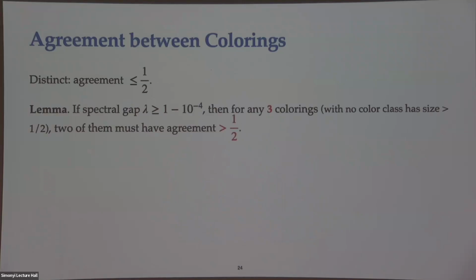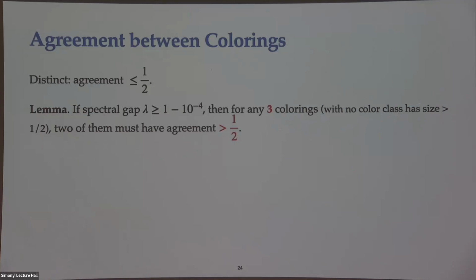Now here's our main combinatorial coloring packing result. If the spectral gap is at least 1 minus some small constant, then among any 3 colorings, 2 of them must have large agreement. Here we need the extra condition that no color class has size half, because if one of the color classes has size half, then we are already done.